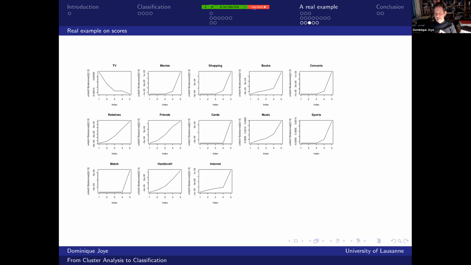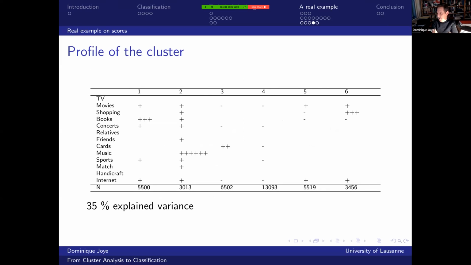From then, we can do a hierarchical analysis from 20 to 1. Then to choose the number of clusters, in this case, I've chosen 6. And from these 6 clusters, do a reallocation in a non-hierarchical analysis in order to have the final solution. And that's the result that I have had using the same type of presentation that I had before.